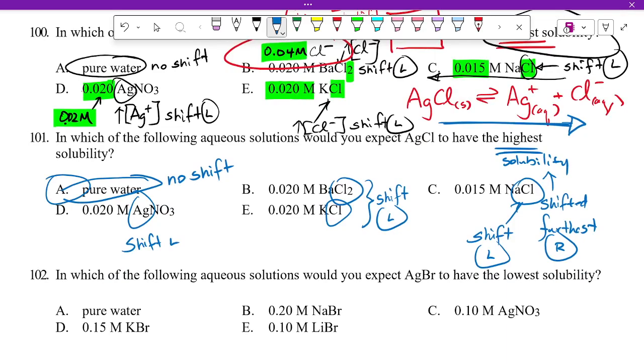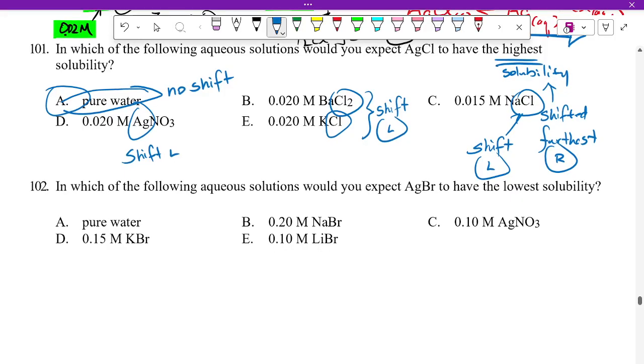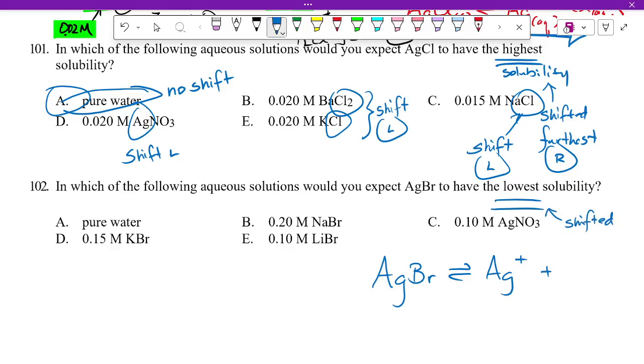This is almost the exact same question. In which of the following would you expect AgBr to have the lowest solubility? If we want the lowest solubility, we want it shifted most left. So we have 0.15 Br.